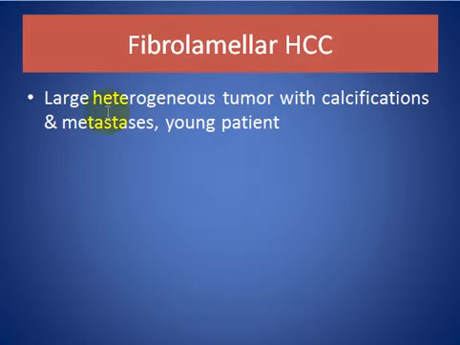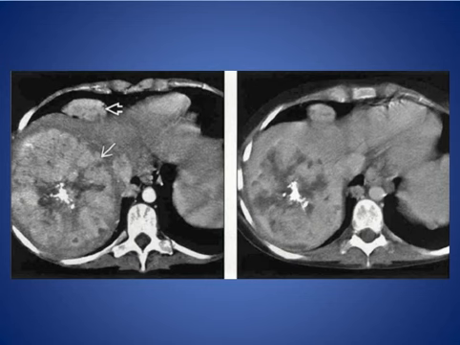Fibrolamellar hepatocellular carcinoma: a large heterogeneous tumor with calcification and metastasis, usually in a young patient. Here we see a large mass involving the right lobe of the liver with calcification, enhancing heterogeneously with some necrosis, washing out in the portal venous phase, and there is also lymph node metastasis in the cardiophrenic area.